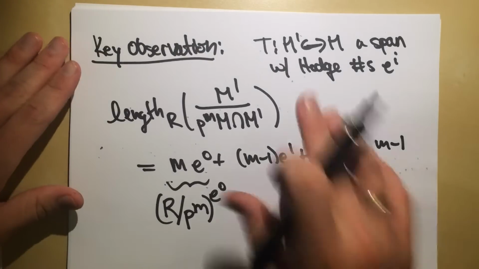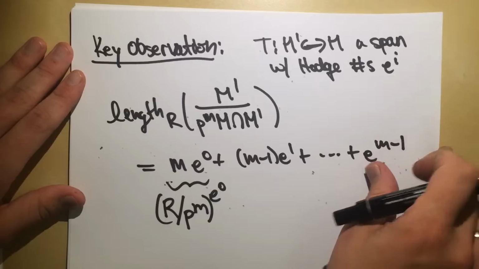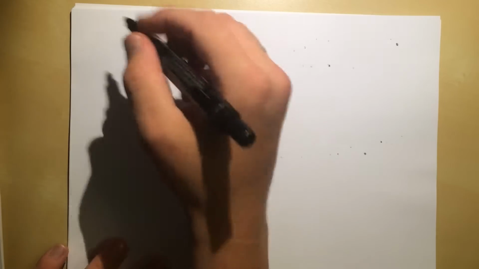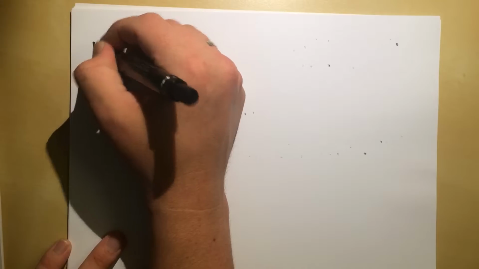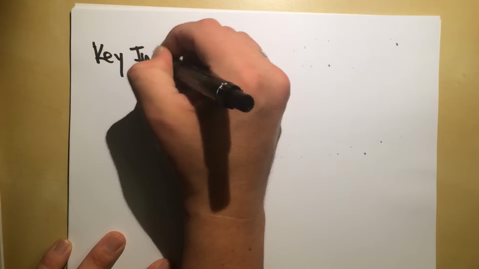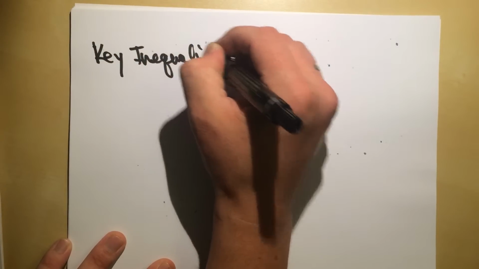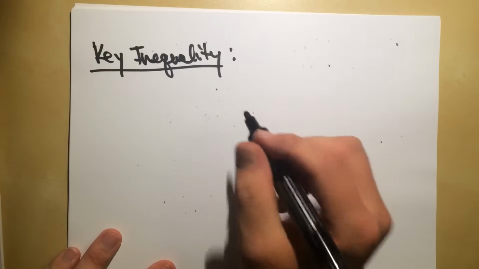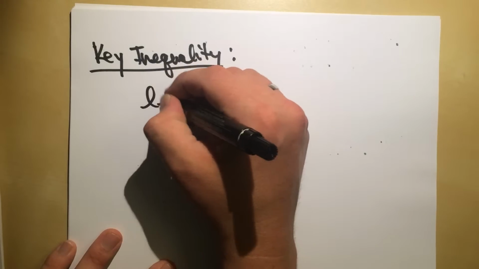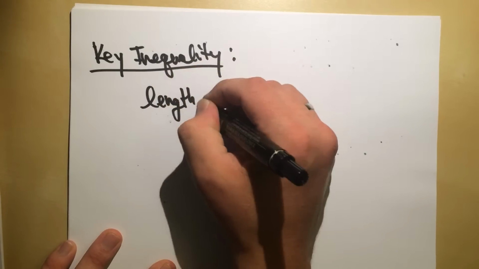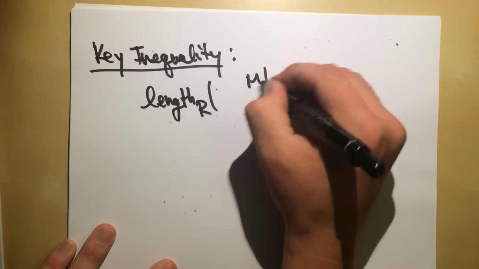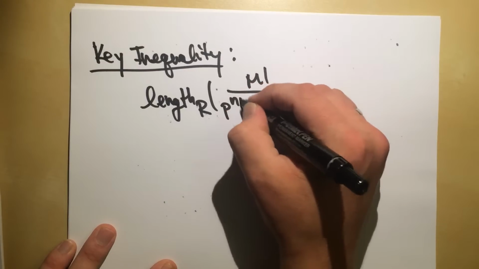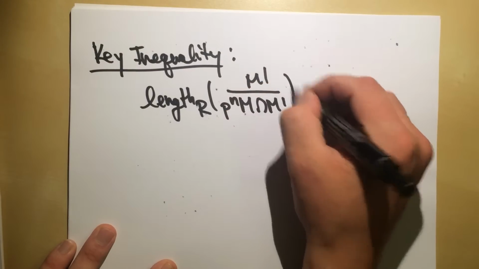After this key observation, there's this key inequality, from which everything else will essentially follow. It concerns the length as an R module of M prime mod p^n M intersect M prime.